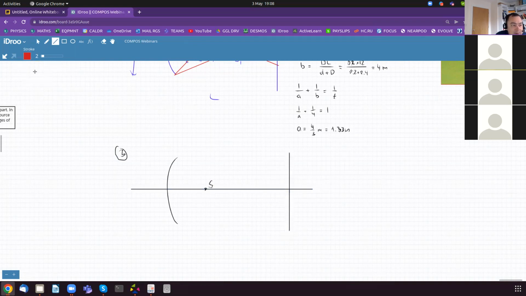We have the light propagating from here to here. This is 12 meters.